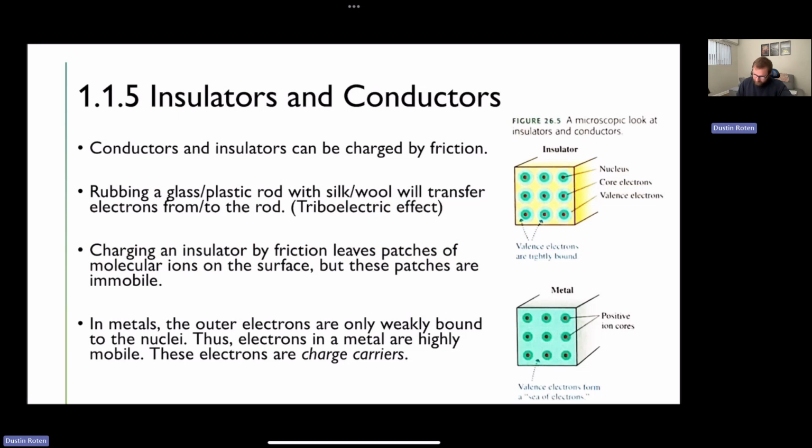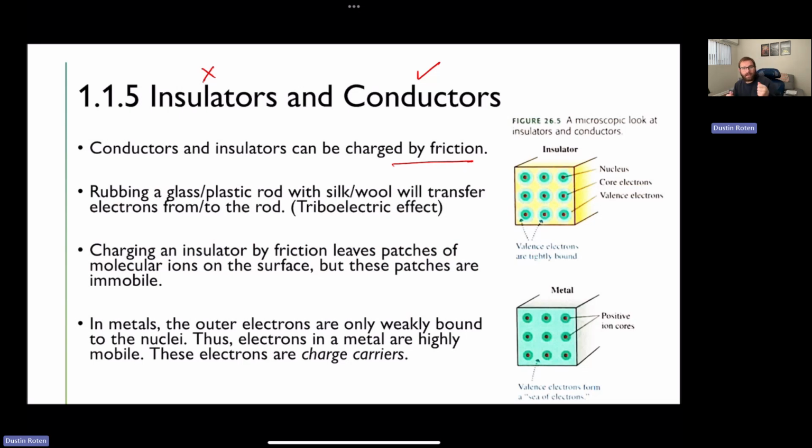Okay, so conductors are good at this, insulators are bad at this. Both of them, though, can be charged by friction, just like those rods in that GIF where someone had the rod and they were charging it with a cloth, like wool cloth.